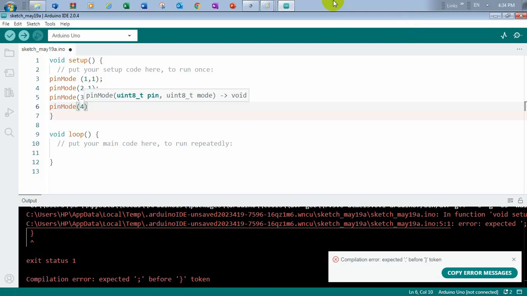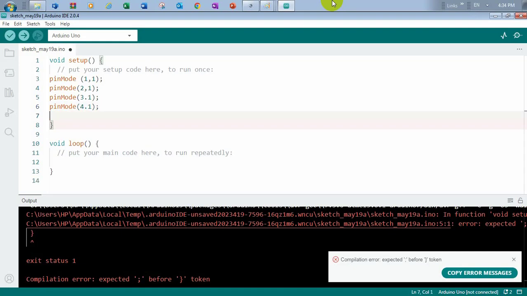It's the same for pin number 5, pin mode, enter right parenthesis, between parentheses we write number 5, comma, 1 and semicolon.